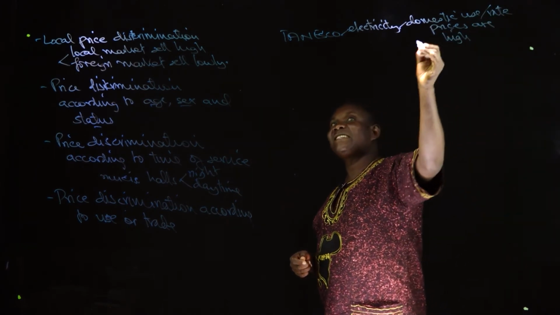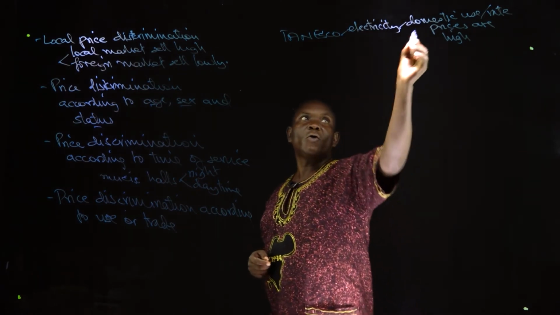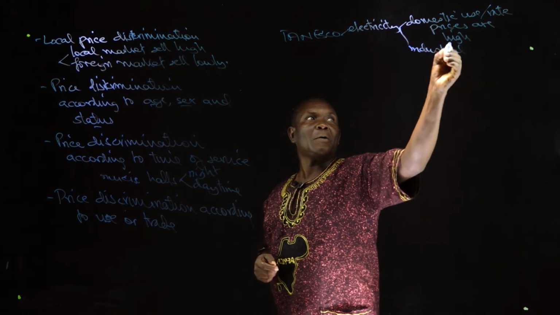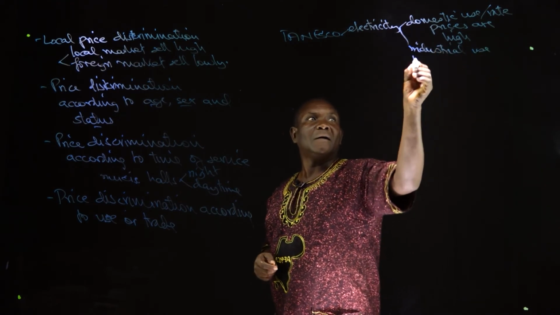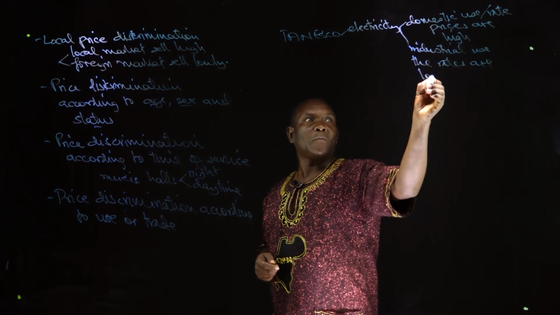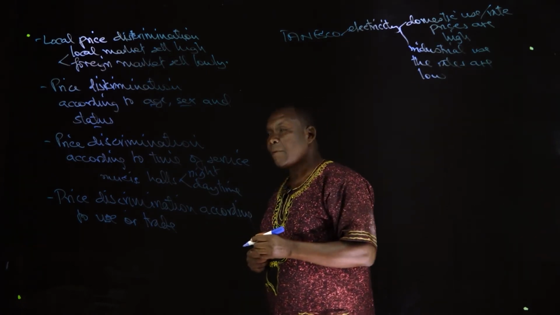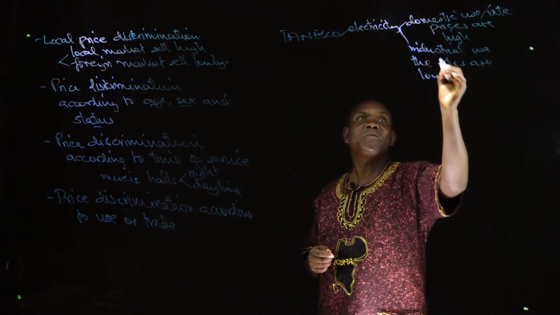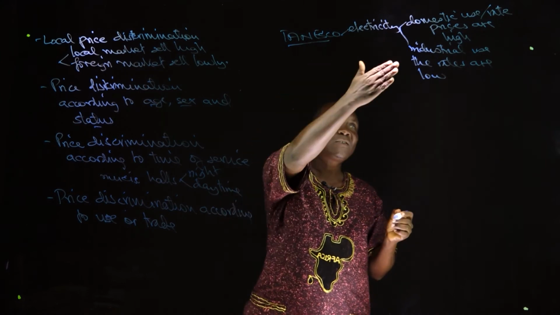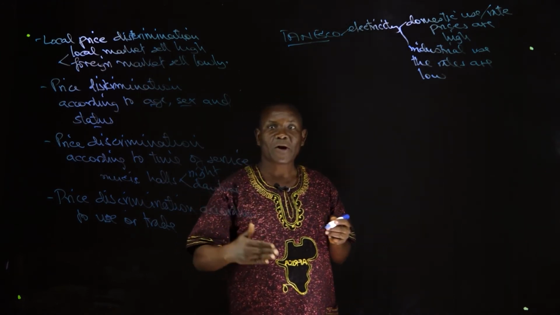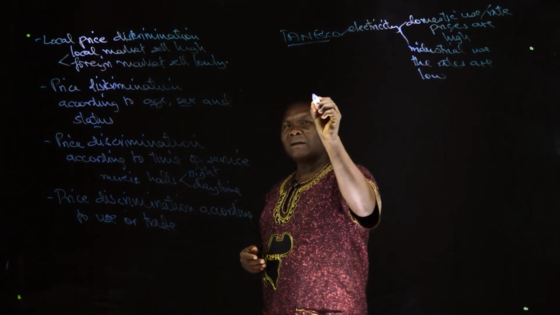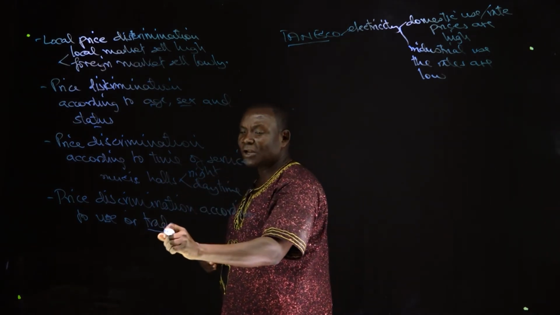The rates are high for domestic use, but for industrial use, the rates are low. Maybe for the sake of encouraging production in the industries, TANESCO charges lower rates to the industrial users so production can be increased. But I've said it can be according to trade.